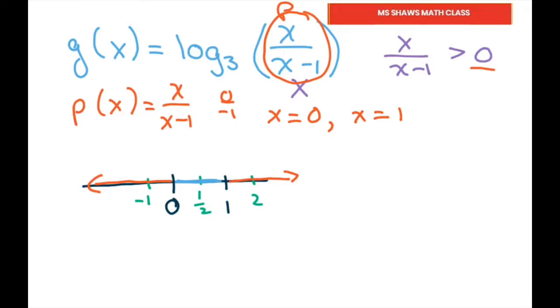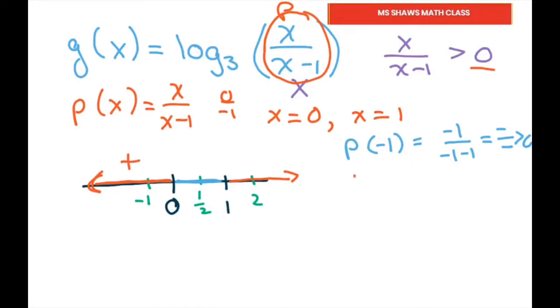If we plug in p of negative 1, we get negative 1 over negative 1 minus 1. That's going to be a negative divided by a negative, which is positive. So this area in here is positive.